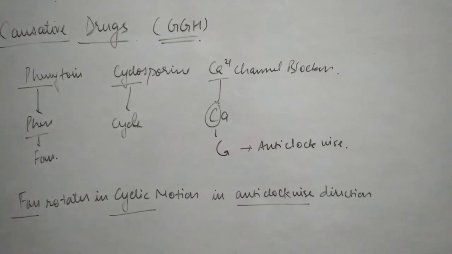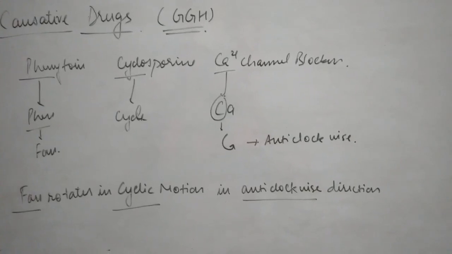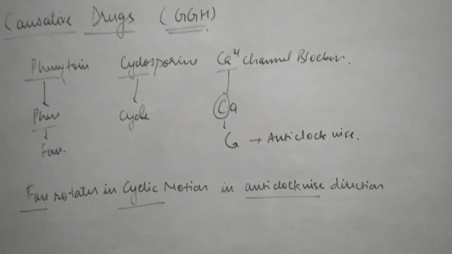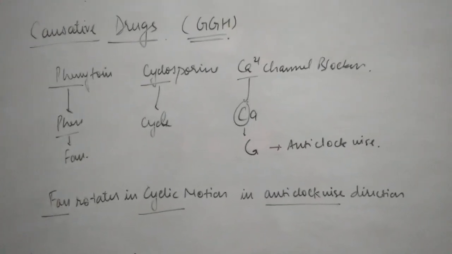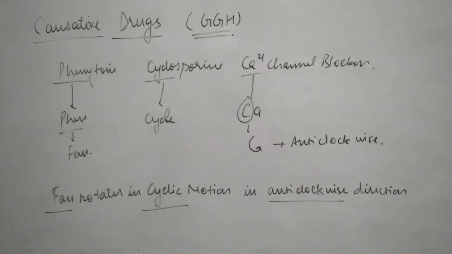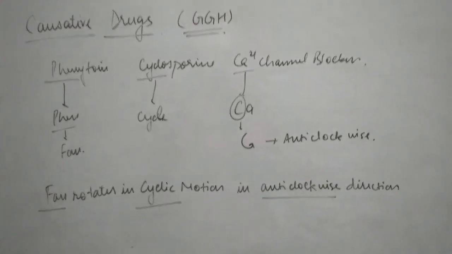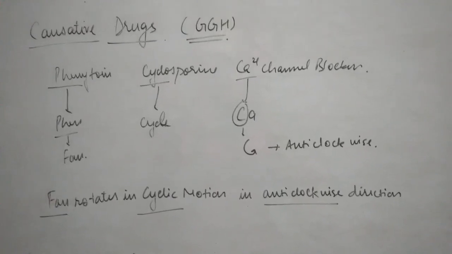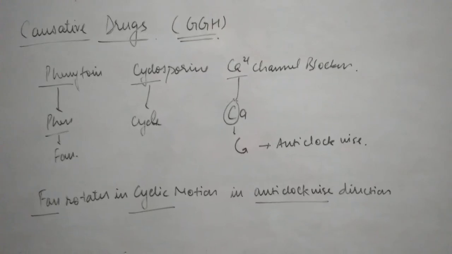And calcium channel blockers: the first word, calcium, begins with C, which we can remember as anti-clockwise direction. So the statement is: fan rotates in cyclic motion in anti-clockwise direction. Fan means phenytoin, cyclic motion means cyclosporin, and anti-clockwise direction means calcium channel blockers. It's a little funny mnemonic, but we can remember the drugs by it.